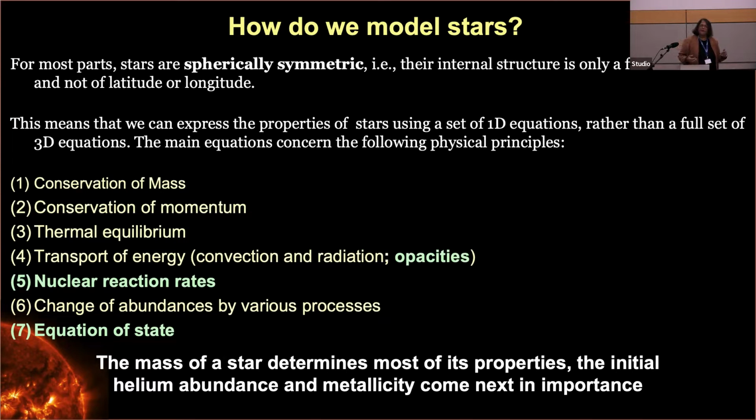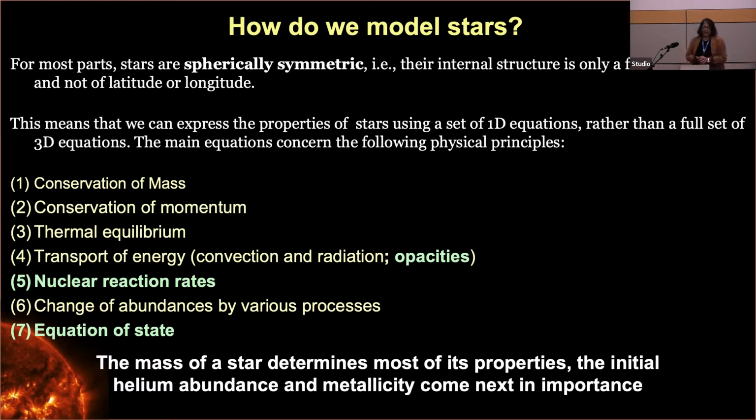When we make a model, we not only assume sphericity, we also assume spherical symmetry, which in a few slides later, I'm going to break, so don't worry about that. But what we assume is that the internal structure only depends on the radial distance from the core, which basically means we can take a set of 3D fluid dynamics equations and condense them to a set of 1D equations. And 1D is so much easier than 3D.